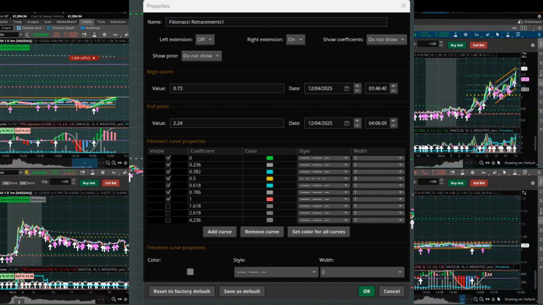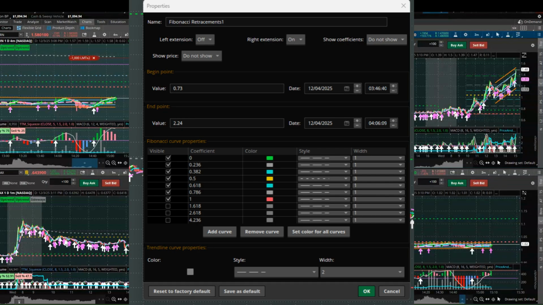Now I select from 0 to 1, and so my average is the 0.5. So I set my top to green, my 1 to red, and I've checked them over here to make them visible. And then I choose my 0.5 and make that yellow. Right above there is blue, right below is blue.